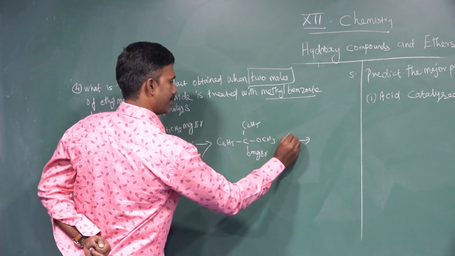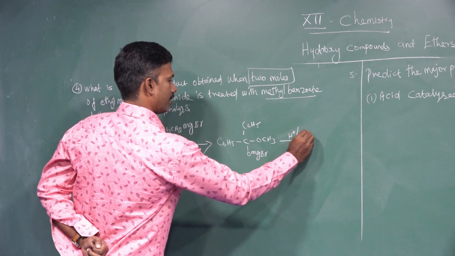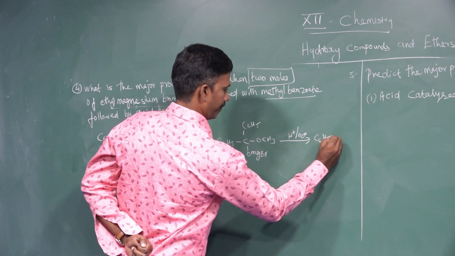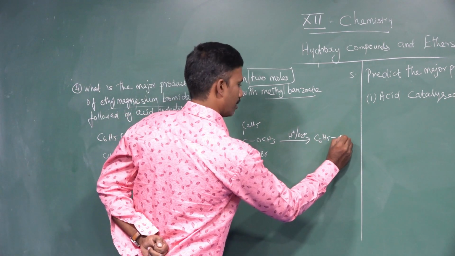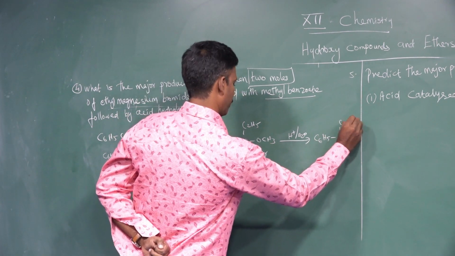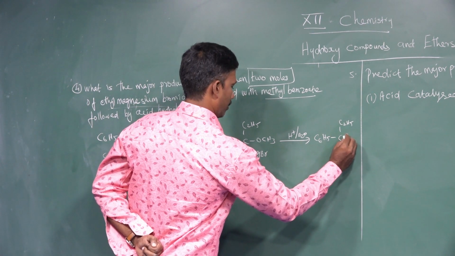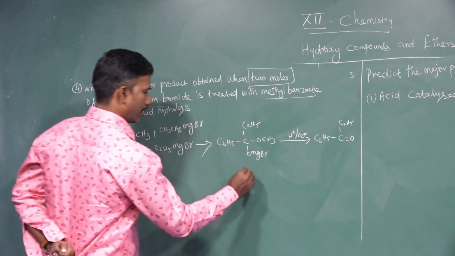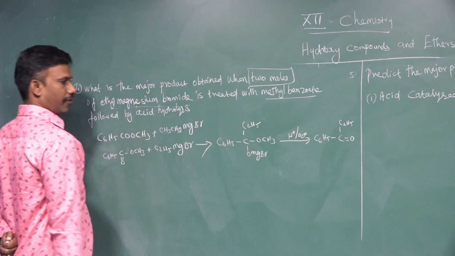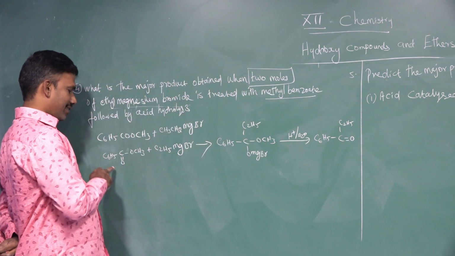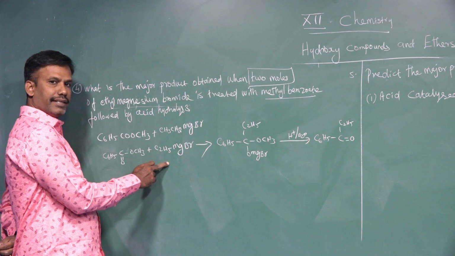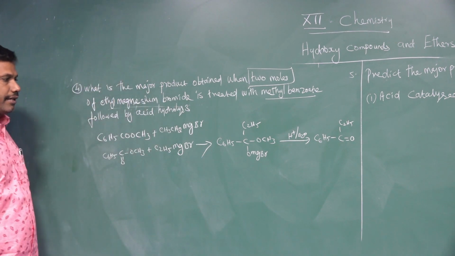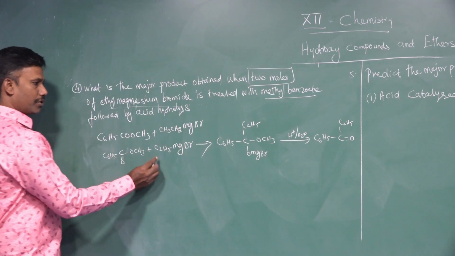And if you do acid hydrolysis, what is going to happen? C6H5, C2H5, double bond O. Here, this group will go out. So, as a result, whenever an ester is treated with the Grignard reagent, you are getting a ketone, when 1 mole is used.